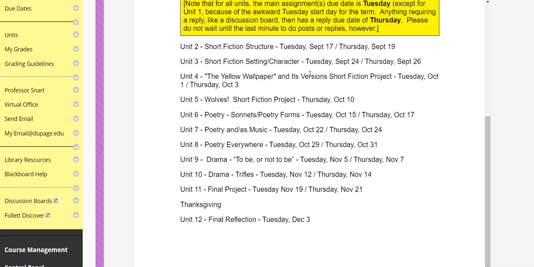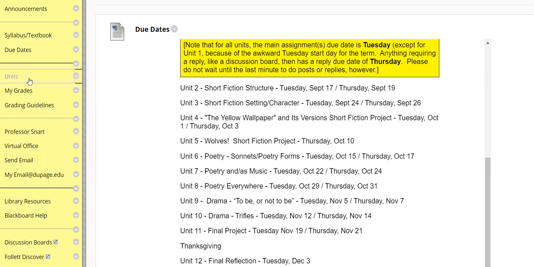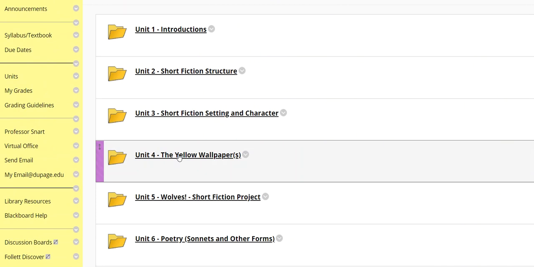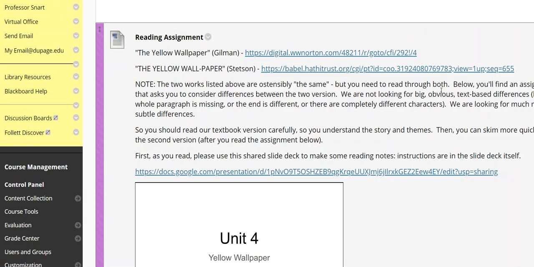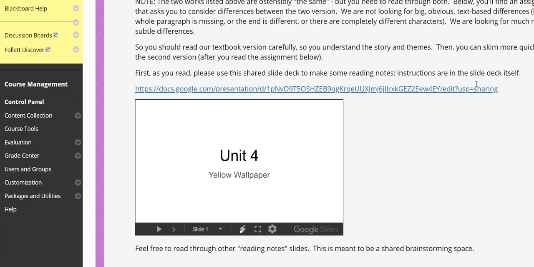We're considering those sometimes minute differences, ones that our eye just glances over, but really taking a moment to connect them, as we're doing here in the shared slide deck, to how that might color our understanding of characters and major themes in the work.